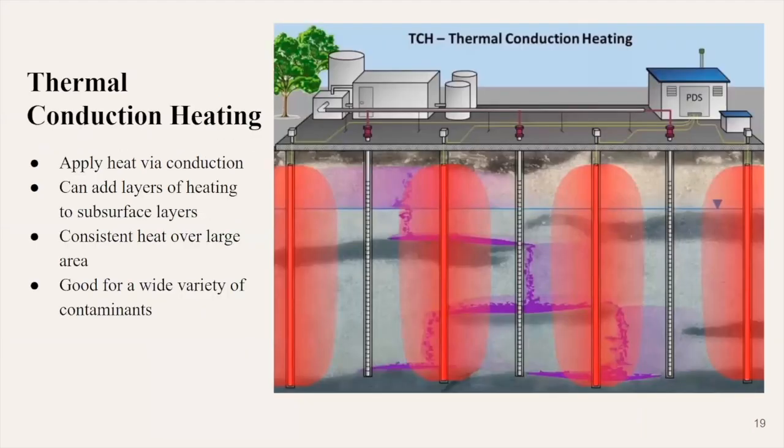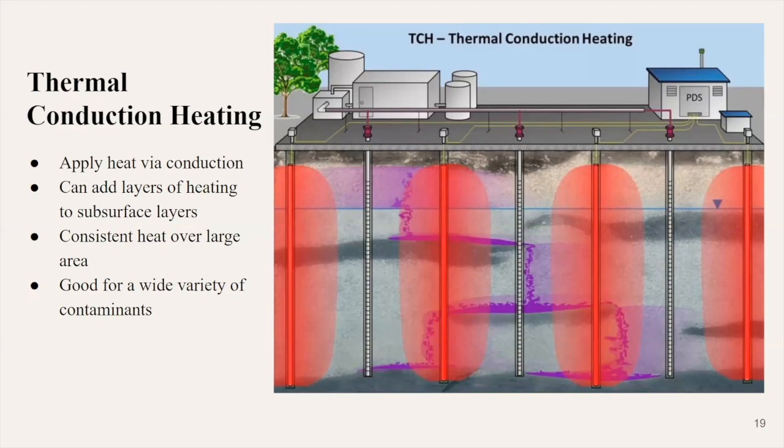So our first one is thermal conduction heating, or TCH, and this is when heat is applied with conduction through metal rods, or wells are drilled and then metal is put into the ground, and heat is directly transmitted from that metal through grain to grain in the soil, so it radiates out.